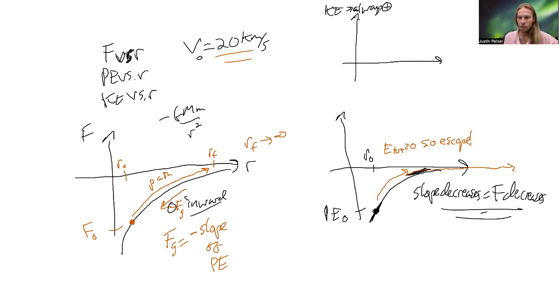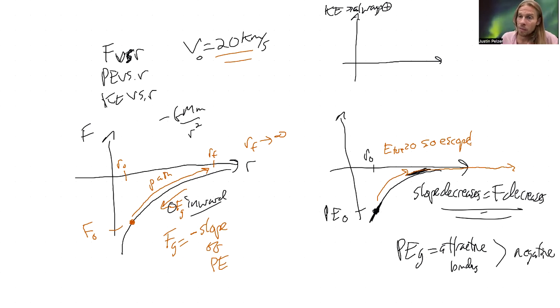Potential energy for gravity is attractive, binding, so negative. Kinetic energy is always positive. Great. So here I'm doing gravitational potential energy versus R, force of gravity versus R, kinetic energy versus R.